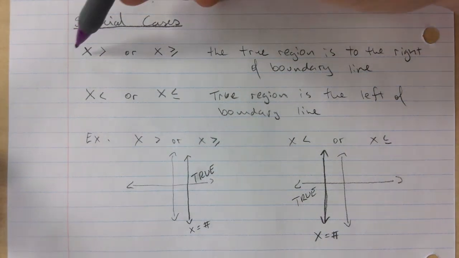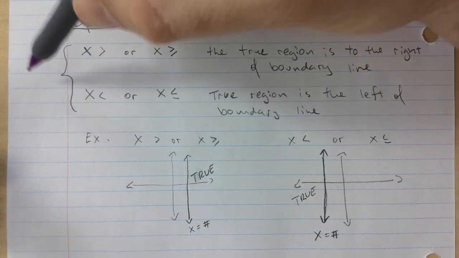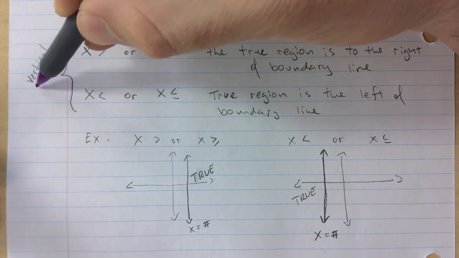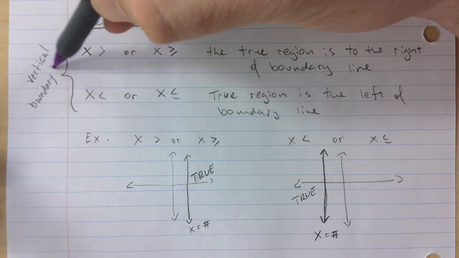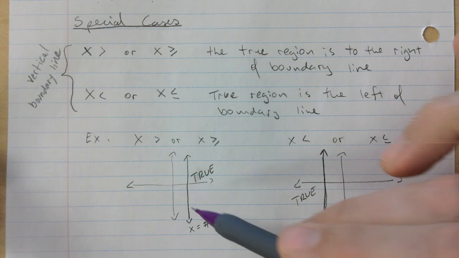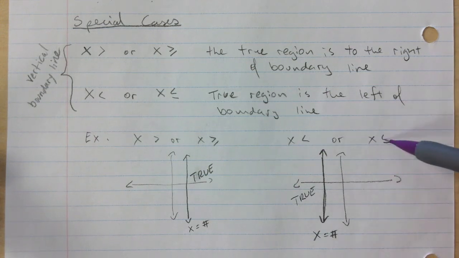So I'll just tell you here on the side, right? It will have a vertical boundary line, if it's just x. So keep in mind that it could be dashed or solid. It all depends on what the symbol is, right?